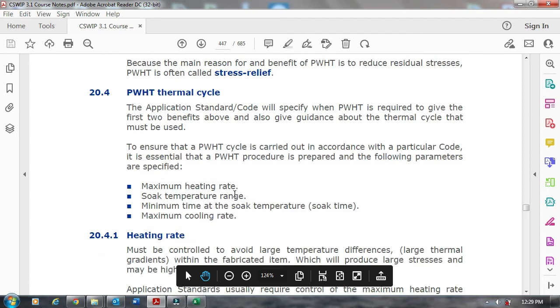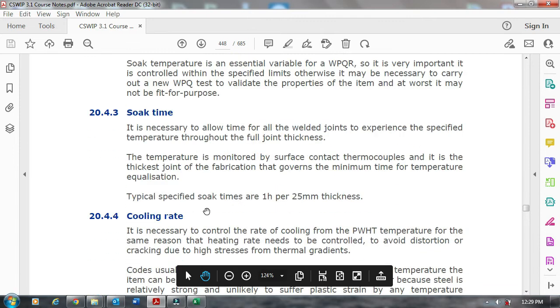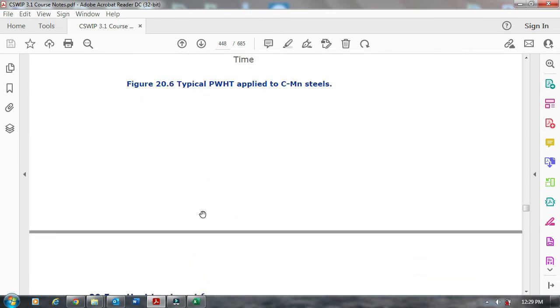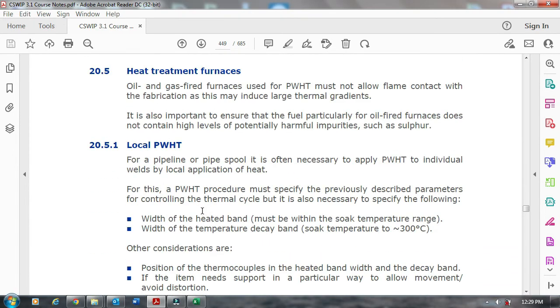Maximum heating rate, soaking temperature, minimum time for soaking temperature, and maximum cooling rate. These 4 items need to be specified in that procedure.